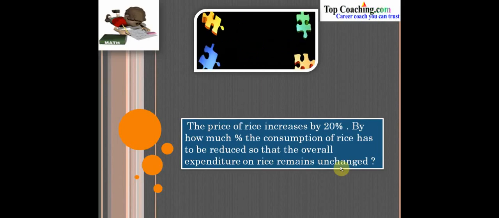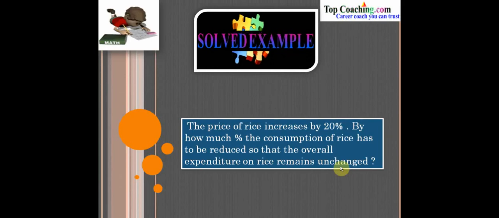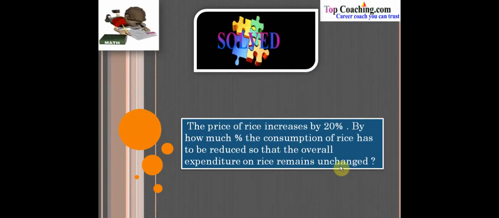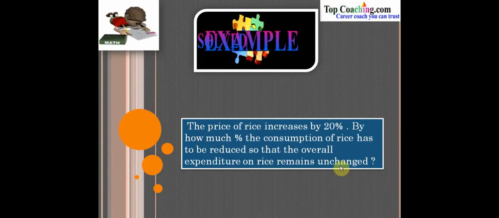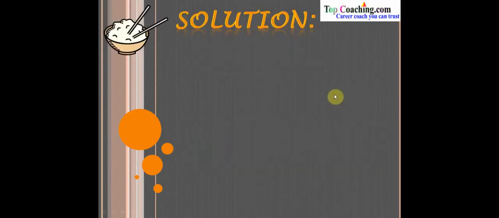Here we have the expenditure which depends on the price of the rice and on the consumption, that is how much quantity of rice is being consumed. So given that due to inflation the price of rice increases by 20%, we have to find out how much percent there has to be a decrease in the consumption of rice so that overall expenditure on rice remains the same. So let's look at the solution.